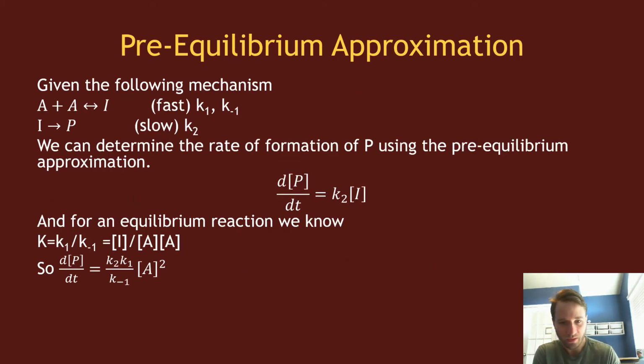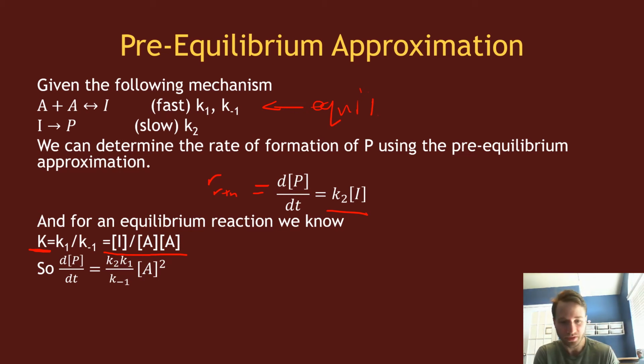again, if I'm assuming the second step is slow, the rate of formation of P, which is related to the rate of the reaction, is just equal to k2 times I. Well, I is an intermediate, but I know that if this is at equilibrium, the equilibrium constant K, which just equals the concentration of I divided by the concentration of A squared, given the mechanism here, holds true.